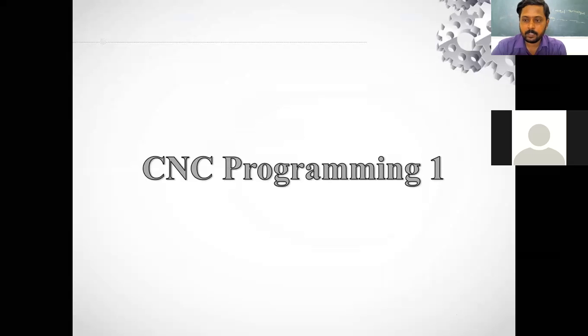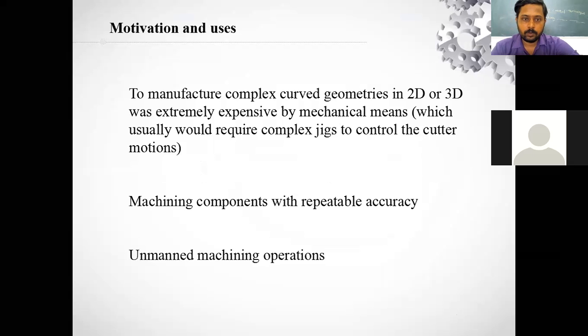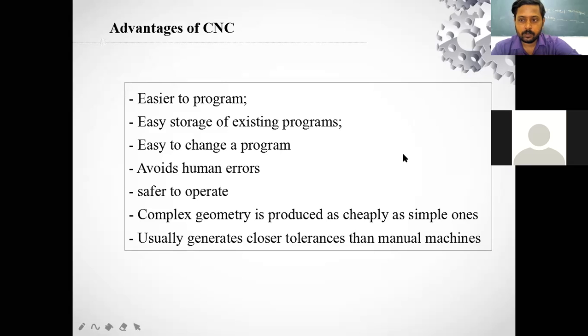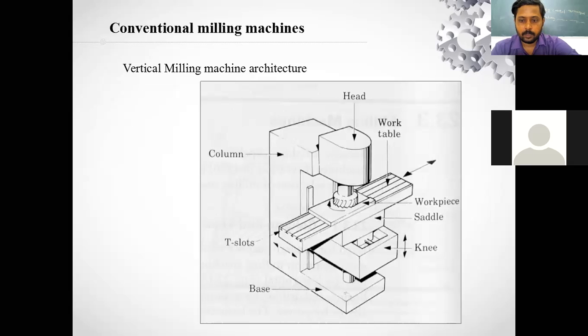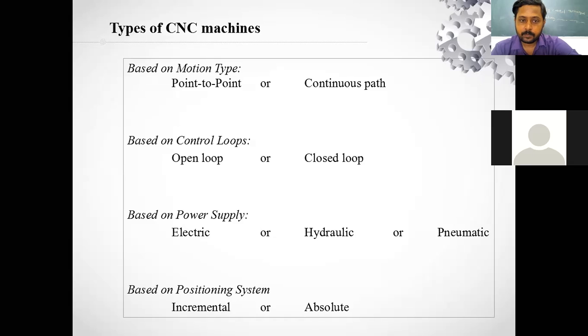So we were discussing about CNC programming. We have discussed why CNCs are used for manufacturing purposes, the different reasons, advantages of CNC machines, conventional machine, and the movement of the different parts that was discussed earlier.